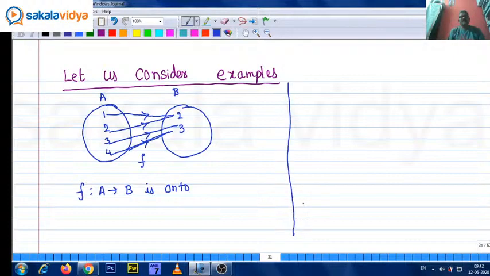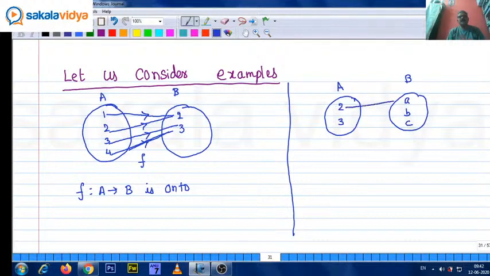Consider another example now. Say A and B, for example A is 2, 3 and B is a, b, c. 2 is mapped with a, 3 is mapped with c.